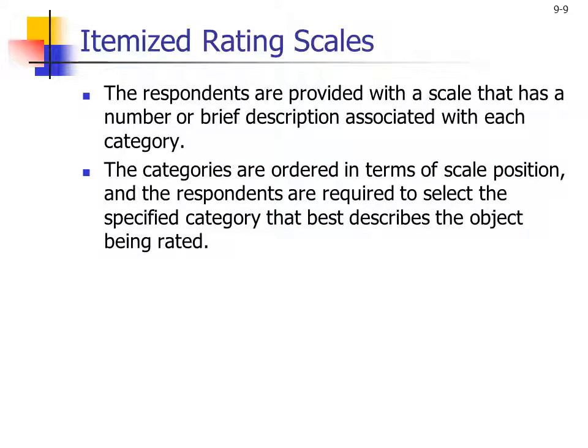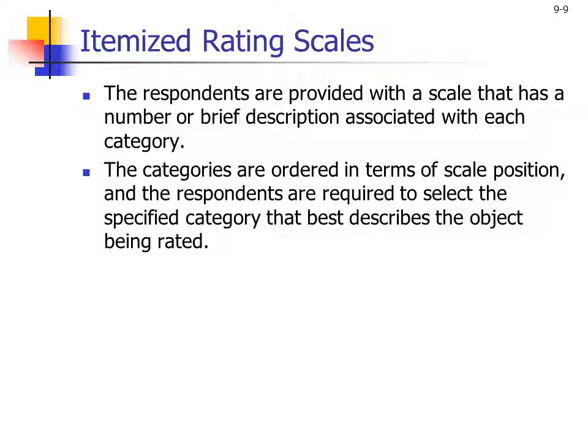Then in the itemized rating scales, we have another type of scale, the itemized scaling scales.